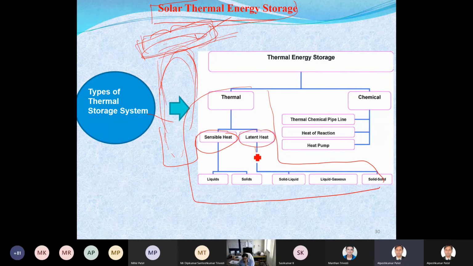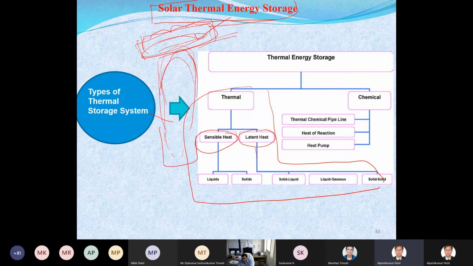I think you understand from your heat transfer background that suppose you have some material in the form of a solid. If you provide heat, it will get melted, so that heat is utilized to melt it, and then when you extract the heat from that, it will be solidified. So the phase of the material changes.